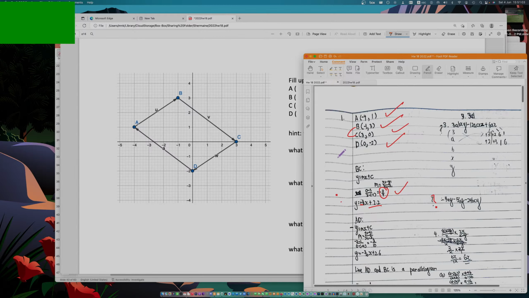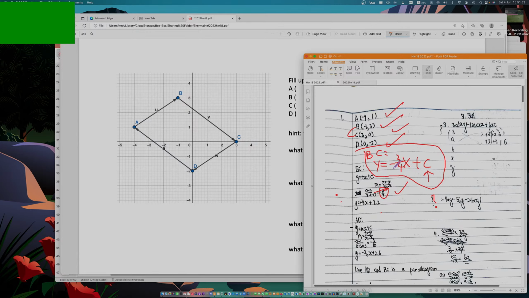Okay. So now, listen, your gradient is correct. So just put in, so it's equal to -3/4x plus c. So your job is to find this c, right? This is for BC, remember this one is for BC.